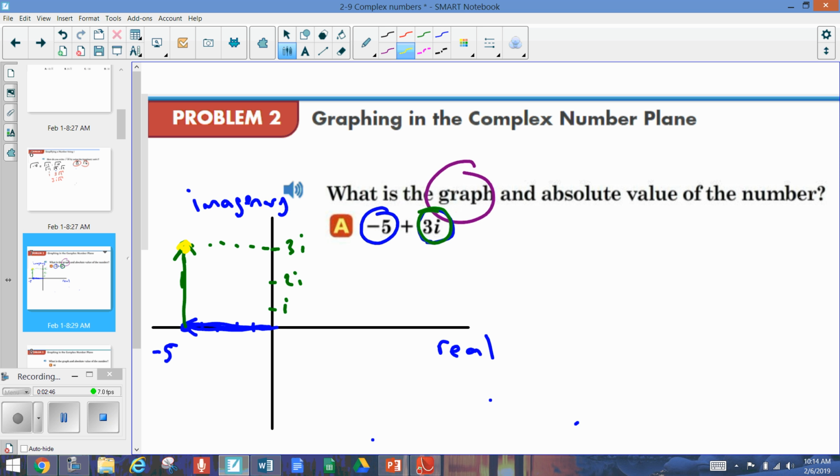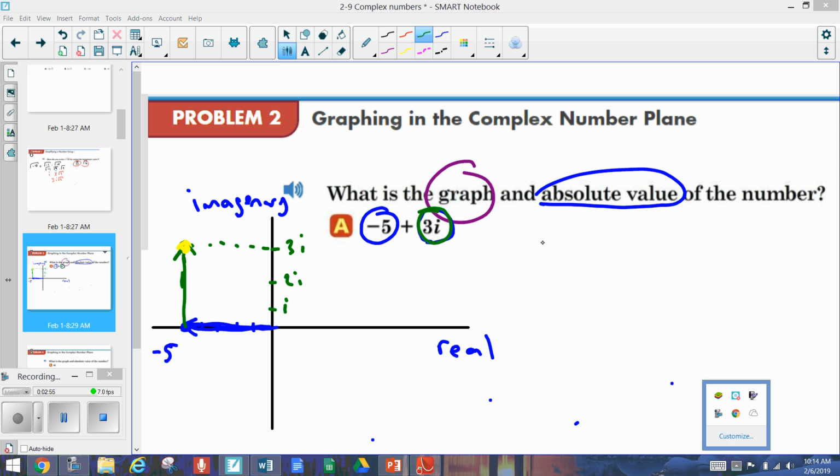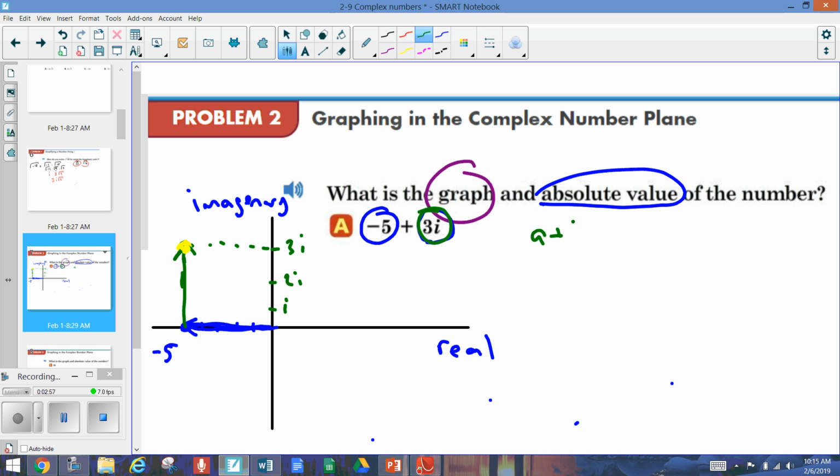After then, the next question is absolute value. What was the formula? What was the formula? A plus bi. Correct. Let's match the formula and the imaginary number. Negative 5 plus 3i. So that matches, right?